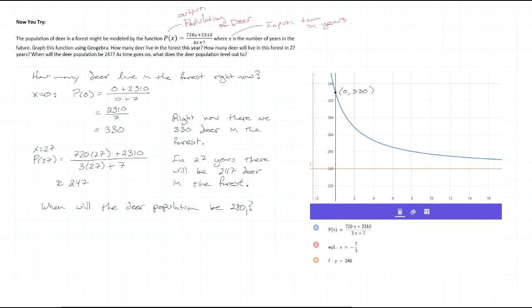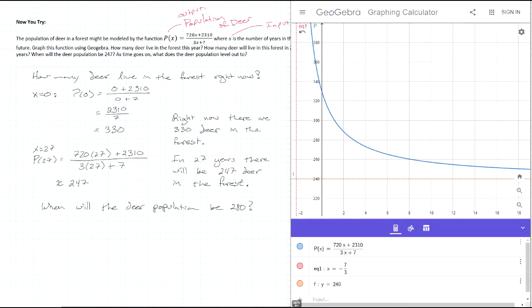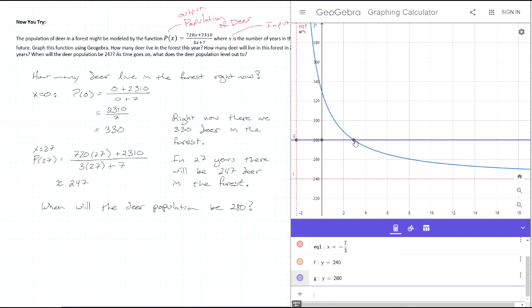And for this, I'm going to go back to that graph. I have our graph, 280 for the number of deer is happening right around here. If I type in y equals 280, and then I look for this intersection right here, this is happening at 2.9 years.